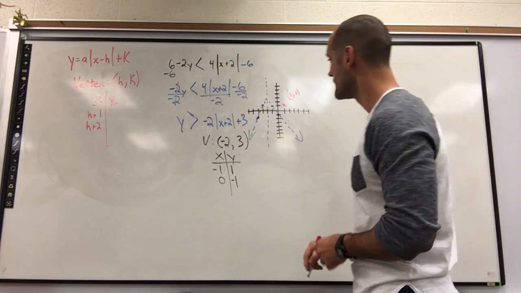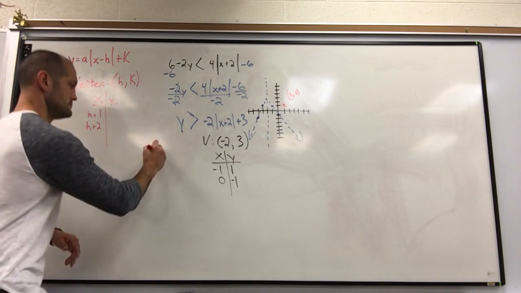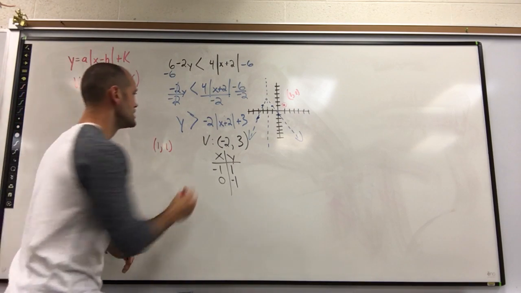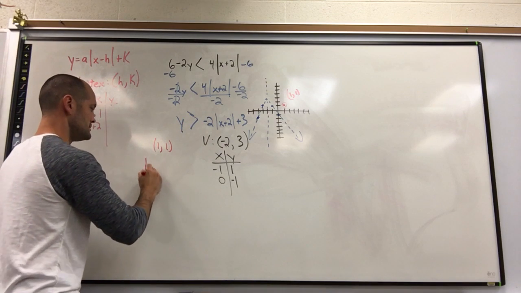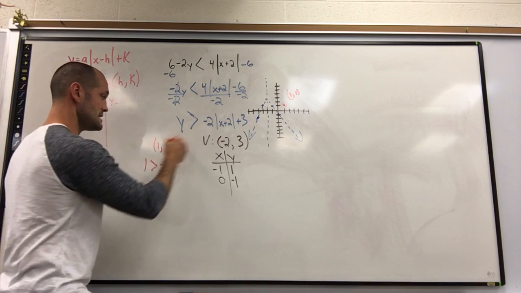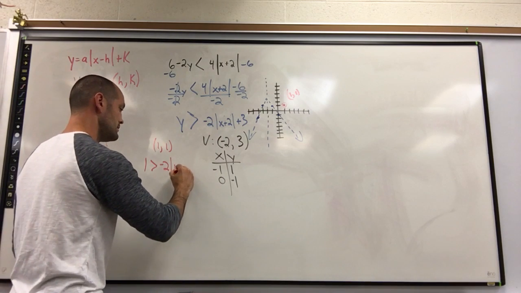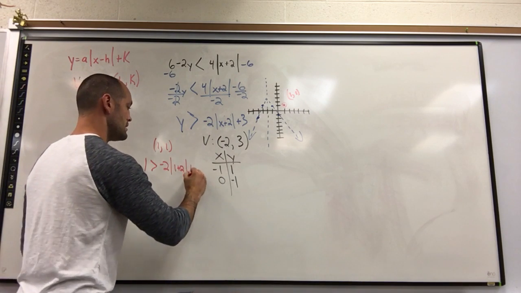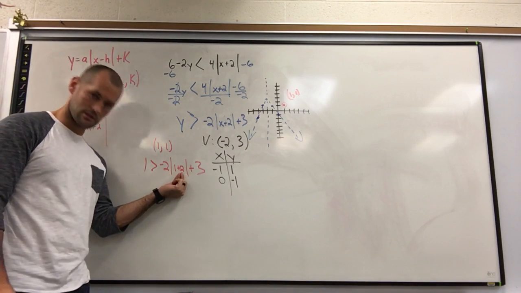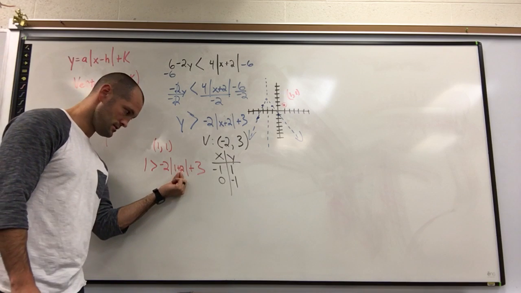So let's check it out. Testing 1, 1. We plug in the y value, we get 1 greater than negative 2 times, x is now replaced by 1, plus 2, absolute value, plus 3. Mental math: 1 plus 2 is 3. Absolute value of 3 is 3.